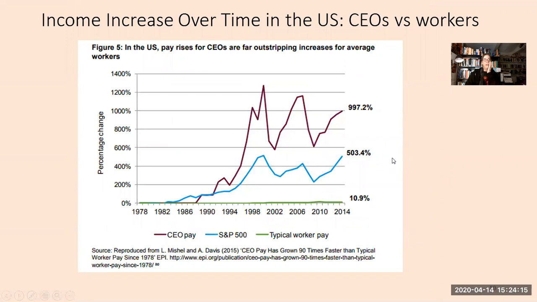I mentioned the ratio people often use to illustrate inequality, the ratio of the salary of the head of a corporation, the CEO, its chief executive officer, to the average salary in that corporation, which he or she is in charge of.